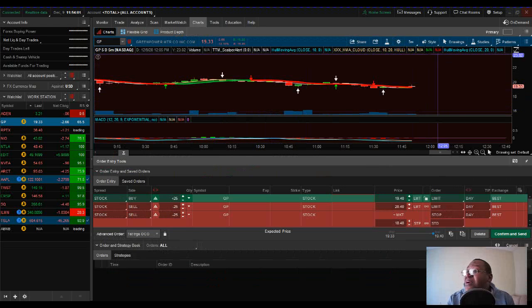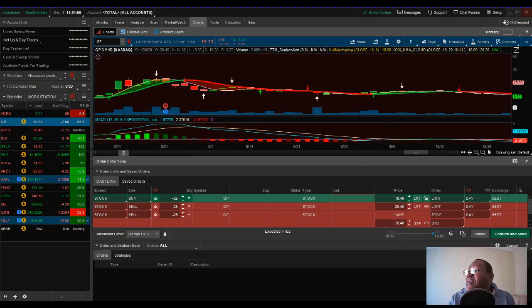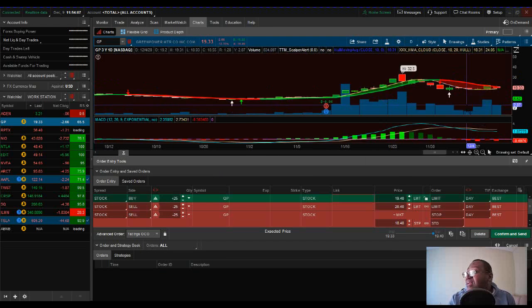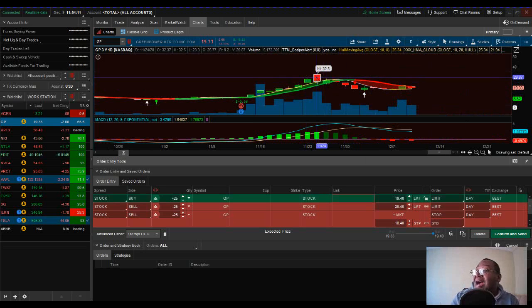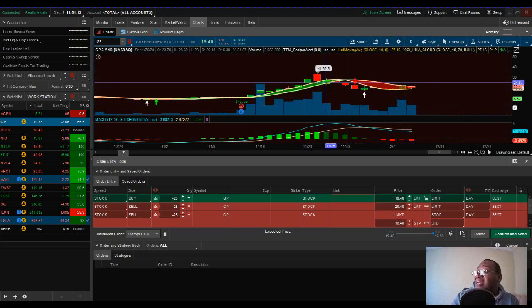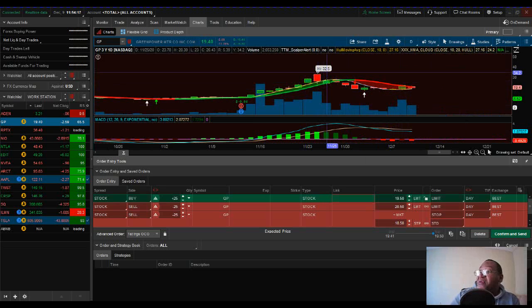Where was that high again? Here, it reached 32 high looks like, yeah, last week, maybe a couple of weeks ago. It reached the 32 high. So I'm not getting greedy. I don't want it to go over 32.